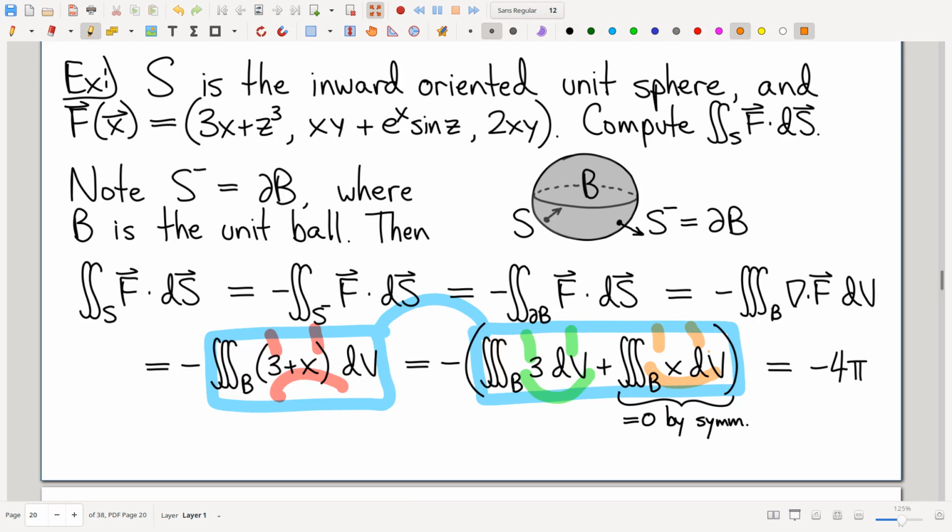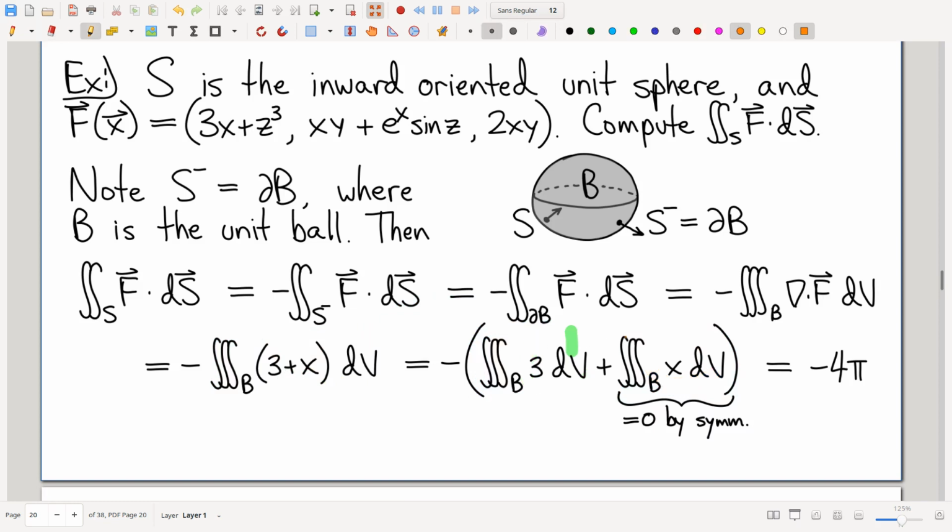Is that cool? Everybody? Oh yeah, question. Is S minus just arbitrarily that boundary? Like, is that just given in the problem? No, it's not arbitrary. That's just how boundaries work. So if you were to think about B as this solid ball, and you ask, well, what is the boundary of that solid? Well, boundary means kind of the border with the understanding that it's oriented away from the solid.